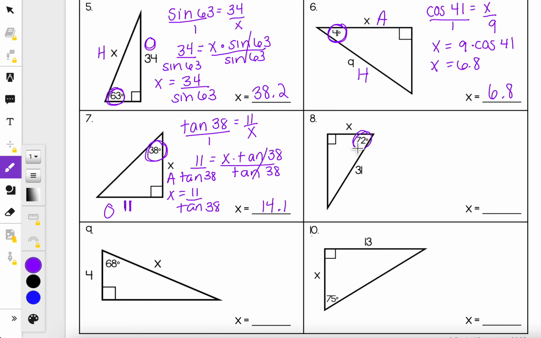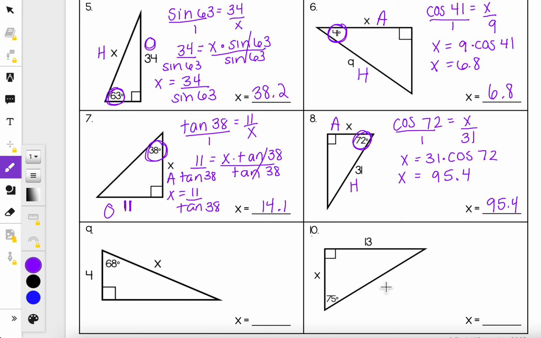Okay, for number 8, our reference angle is the 72. We're given the adjacent and the hypotenuse. So we're going to use the cosine of 72 degrees equals your adjacent over hypotenuse, or x over 31. Set up your proportion. And when you cross multiply, that one's just a nice multiply across, and we get x equals 95.4. Okay, number 9, our reference angle is 68 degrees.